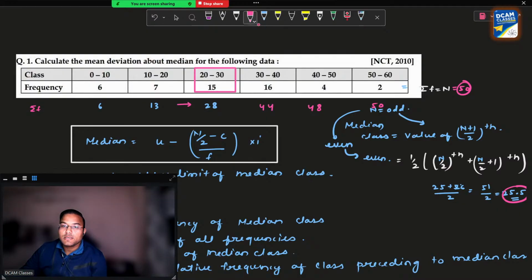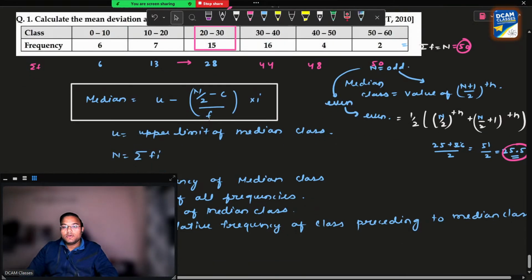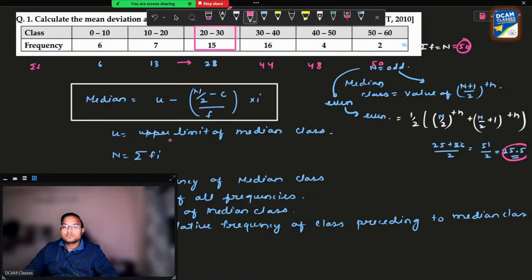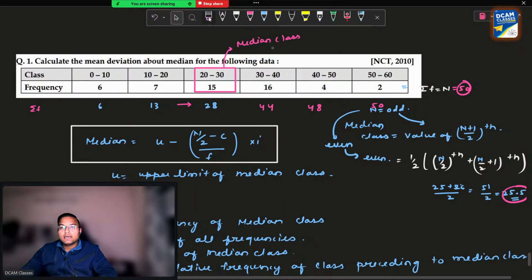This is your median class. Now you have to only find out the median. In this case, the formula: Haribhai wrote the wrong formula.